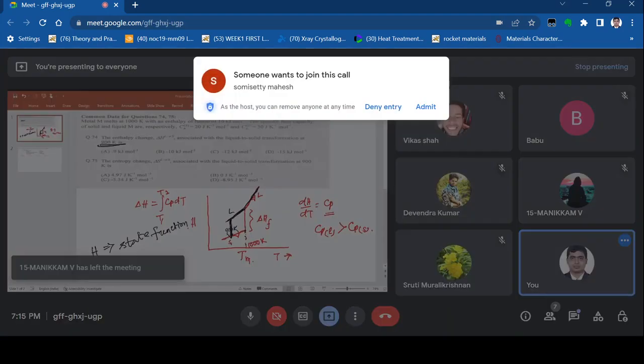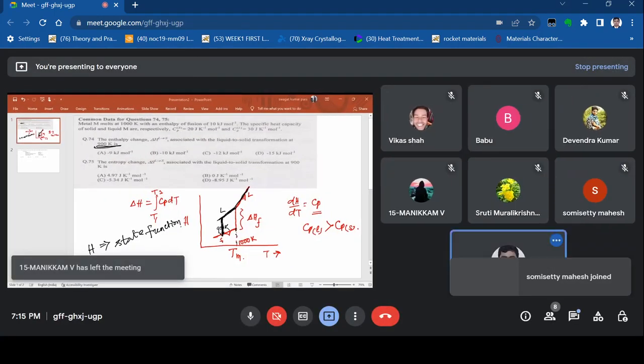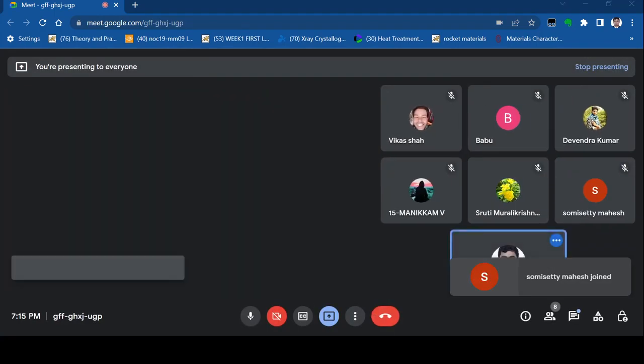So what we do, we know that enthalpy is a state function. Okay, so enthalpy is a state function. So is it visible now? Yes sir. So either we can calculate directly from here to here, but there is no way we can calculate that, so we go like this.